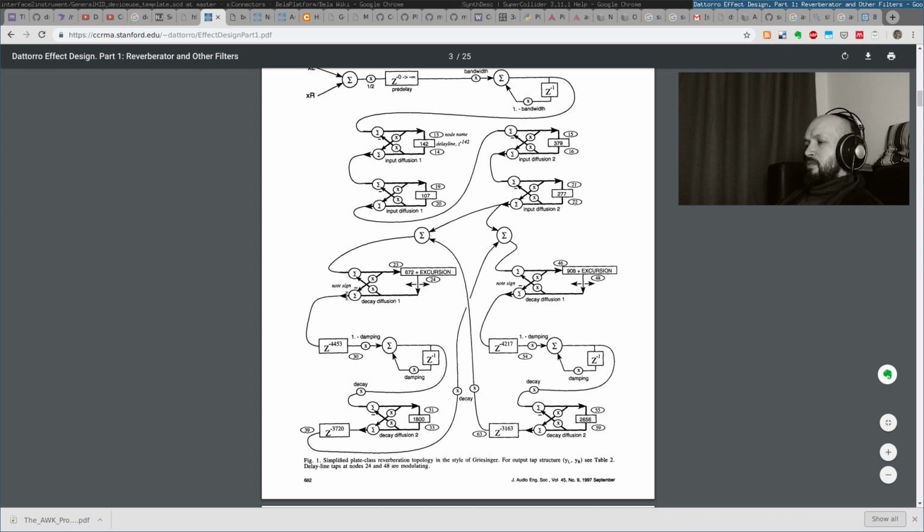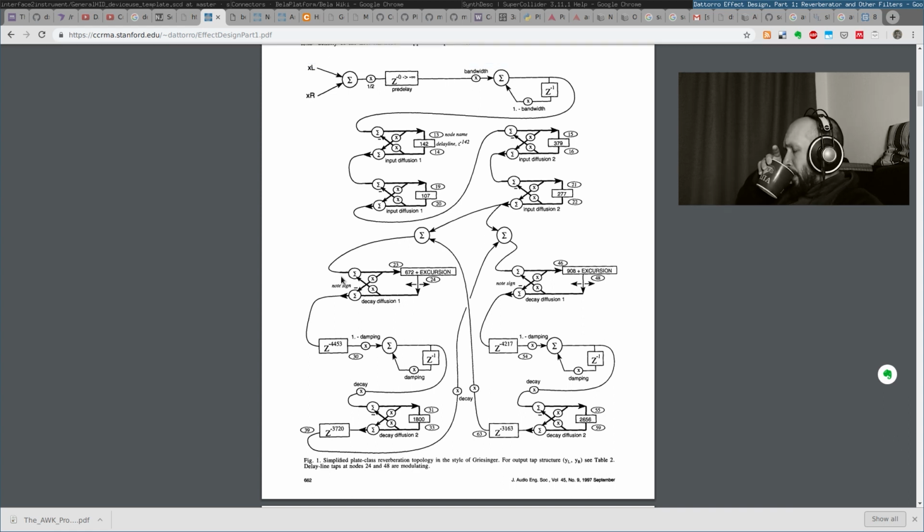But what we can do is just invert the signal before the actual filter. Before the filter, what we will get, at least, is that the direct sound will be inverted.